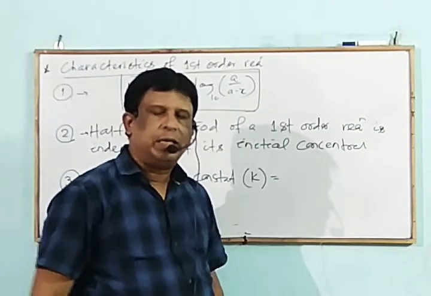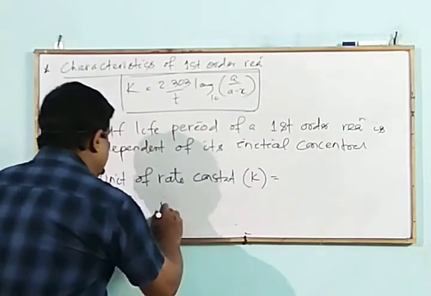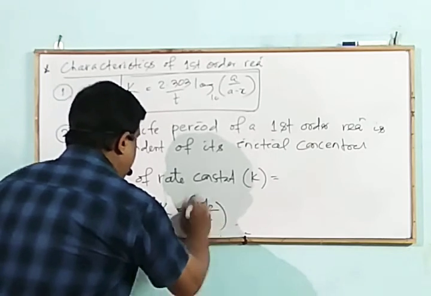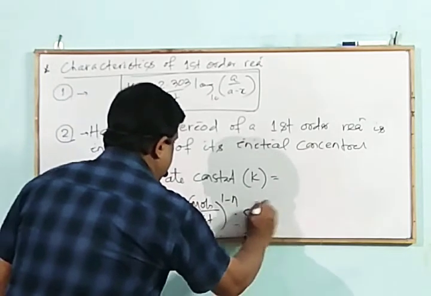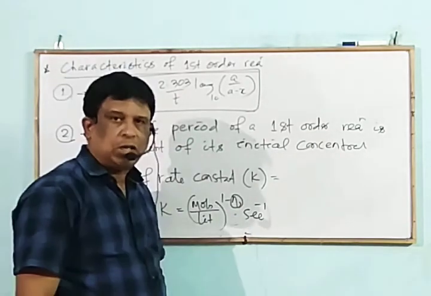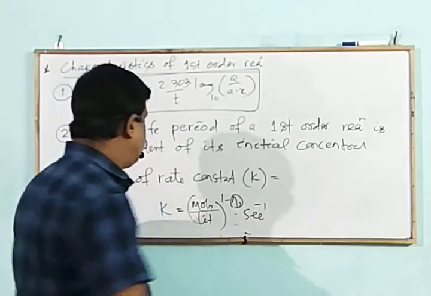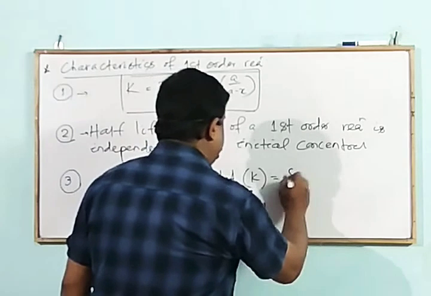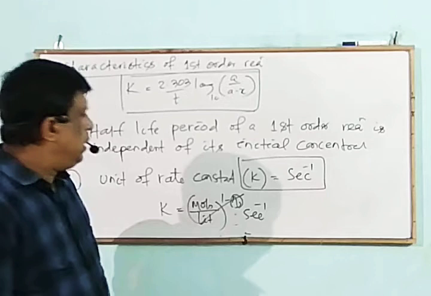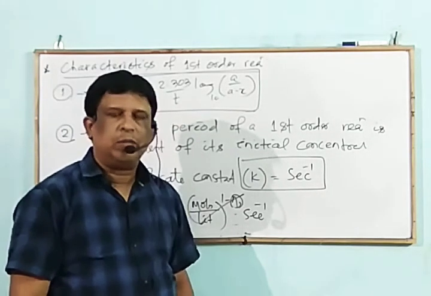In the previous class we already discussed the unit of rate constant for nth order: K is equal to moles per liter to the power 1 minus n, times second inverse. n is known as the order of reaction. As it is a first order reaction, put n is equal to 1. So 1 minus 1 is 0, and this term cancels. So the unit is second inverse.